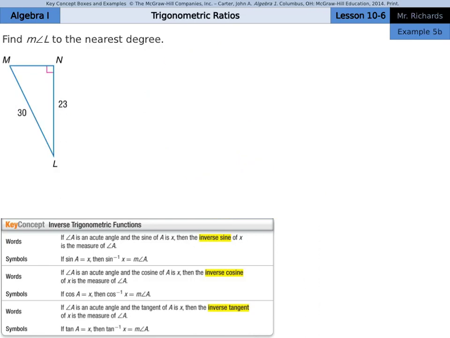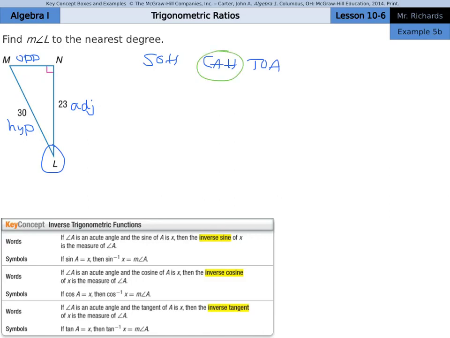In our last example of this lesson, finding the measure of angle L, here's the opposite side, hypotenuse, and adjacent now. So we're given in our SOH CAH TOA the adjacent and the hypotenuse, which was once again cosine.